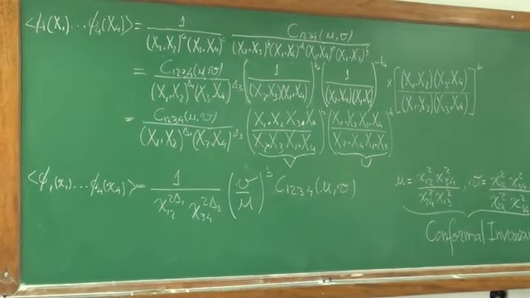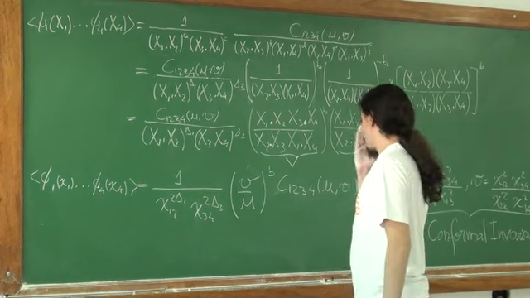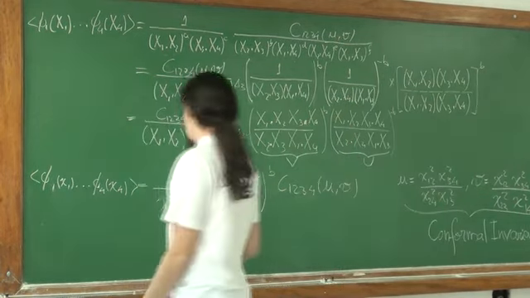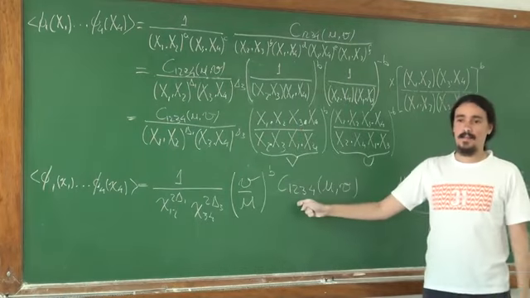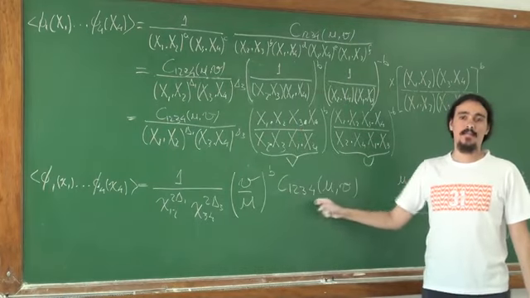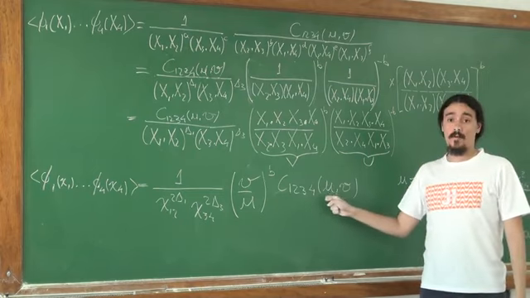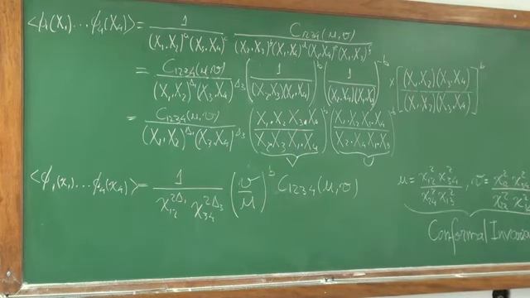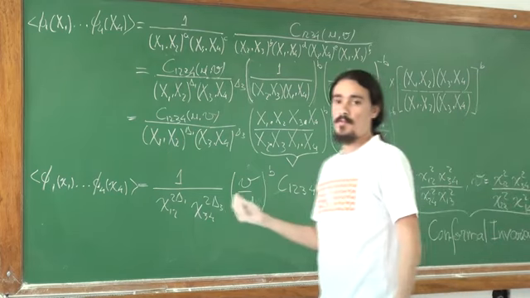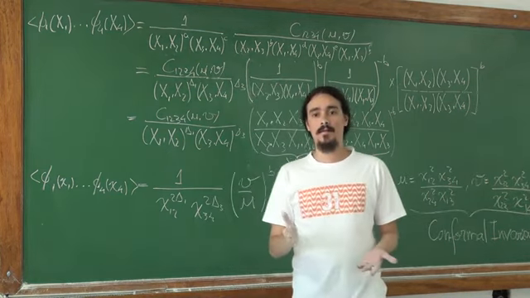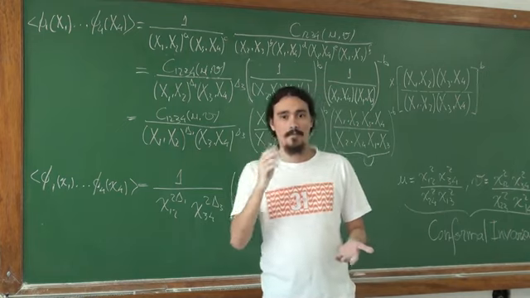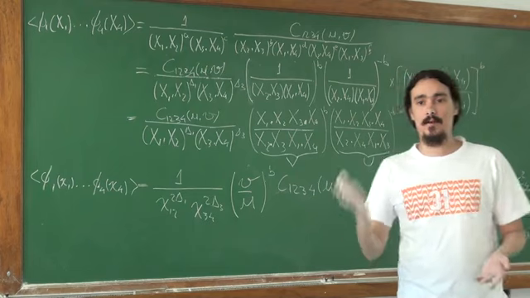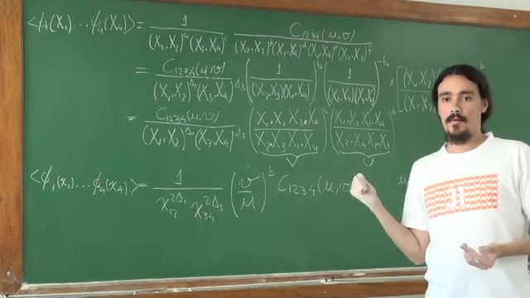Okay, and the last thing is this. The reason why this constant can depend in general on these two conformal invariants is that when I reach 4 points, I can always have U and V. Conformal symmetry won't tell me anything about U and V, so I can have any functional dependence on U and V in the 4-point function.